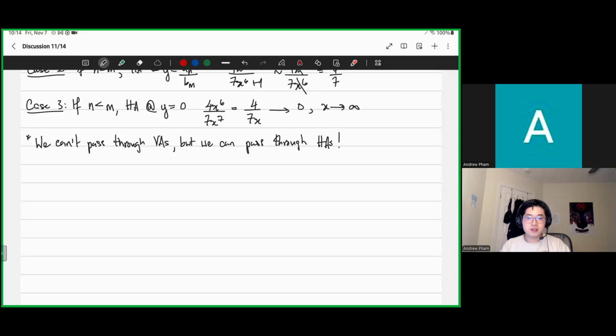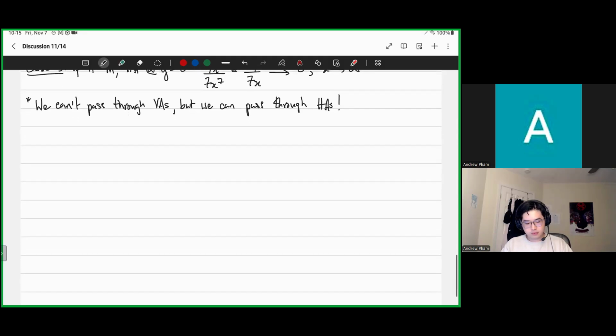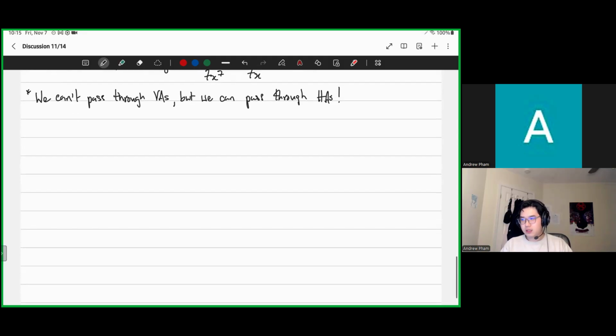We cannot pass through any vertical asymptotes at all in any case. That would be division by zero. But there are certain cases where we can pass through HAs. It's not going to happen all the time, but there are certain cases where we can. All right? And so I think that's it. So we can talk about graphing now.